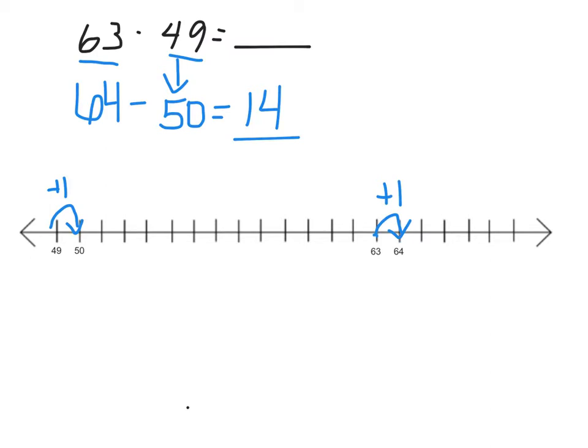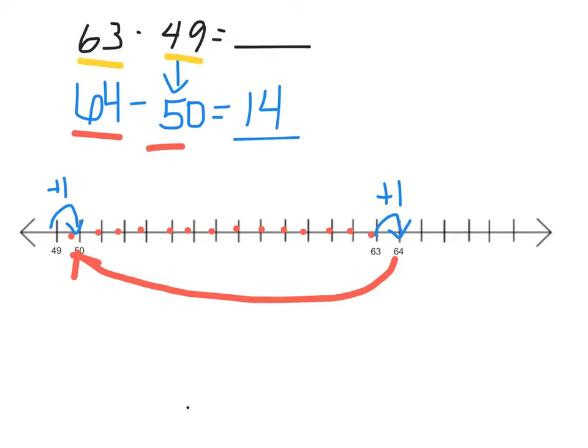And if you look at the number line, you can see that from 64 to 50, which is what we have here, it is 14 jumps. 1, 2, 3, 4, 5, 6, 7, 8, 9, 10, 11, 12, 13, 14. And you could see it's the same as if I did 63 minus 49.